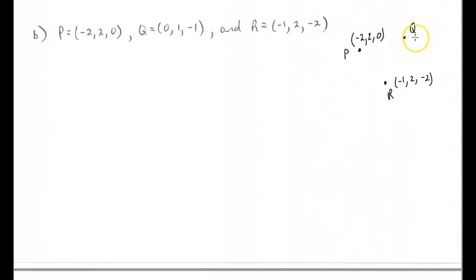And we will label this. Let me put the point first. So this will be the point 0, 1, -1. And this is Q. And so now we'll just connect all these. That is our triangle.